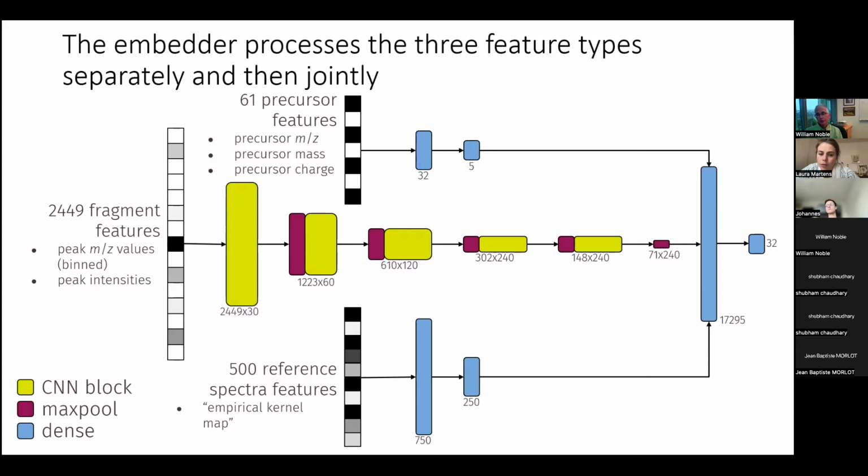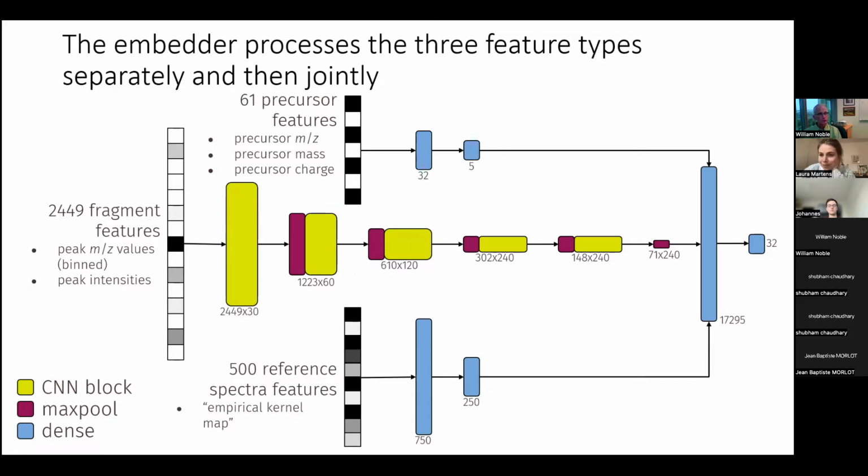So then the embedding mechanism is relatively straightforward in a deep learning setting. You have some CNN blocks, you have some max pooling layers for the fragment features, and then you have the dense layers for these other features, and they all get combined. And the embedding dimension that we selected was 32.